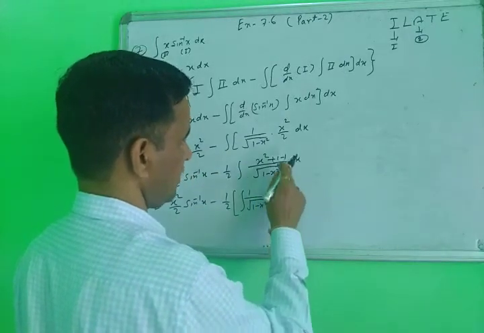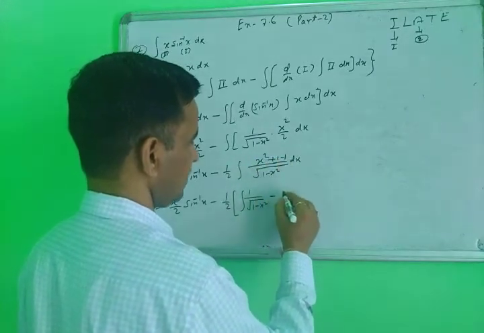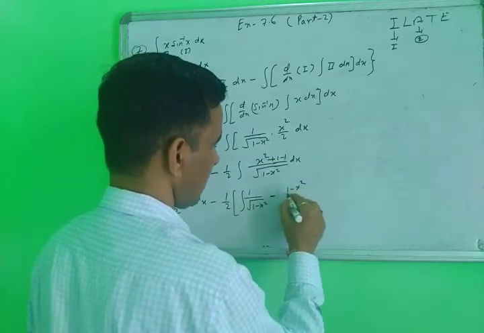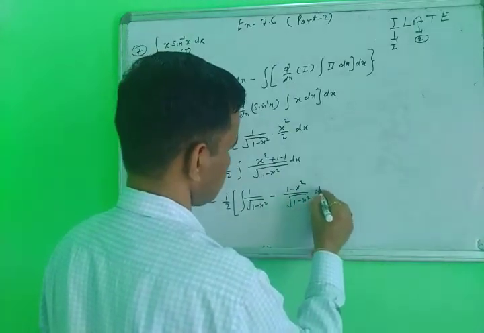Then you write, taking minus common, x square minus 1, then 1 minus x square upon root 1 minus x square dx.